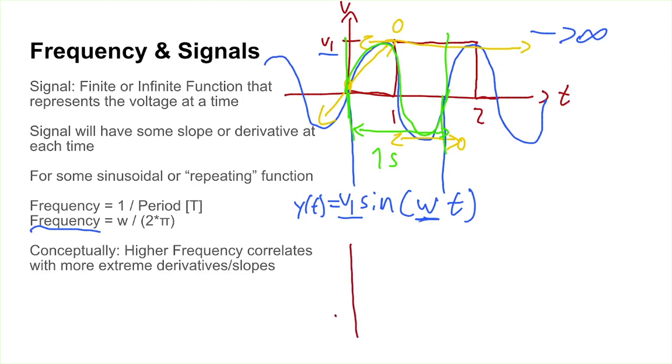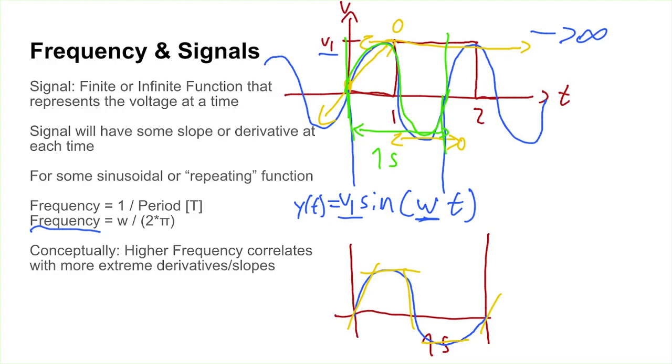let's just suppose that we have blocked off 1 second. For a period of 1 second, right, our sine wave will look something like this. So that means our derivatives are changing, but they're not changing too often, right?